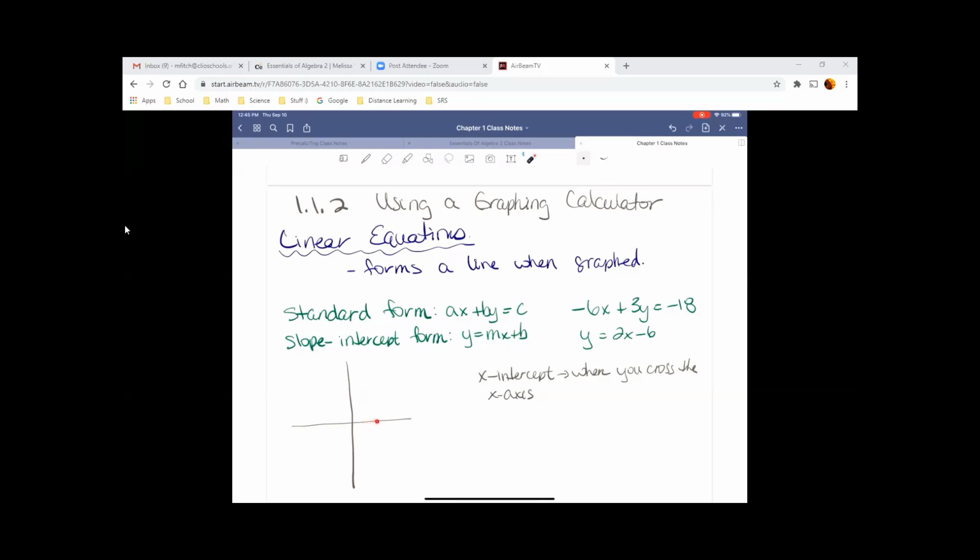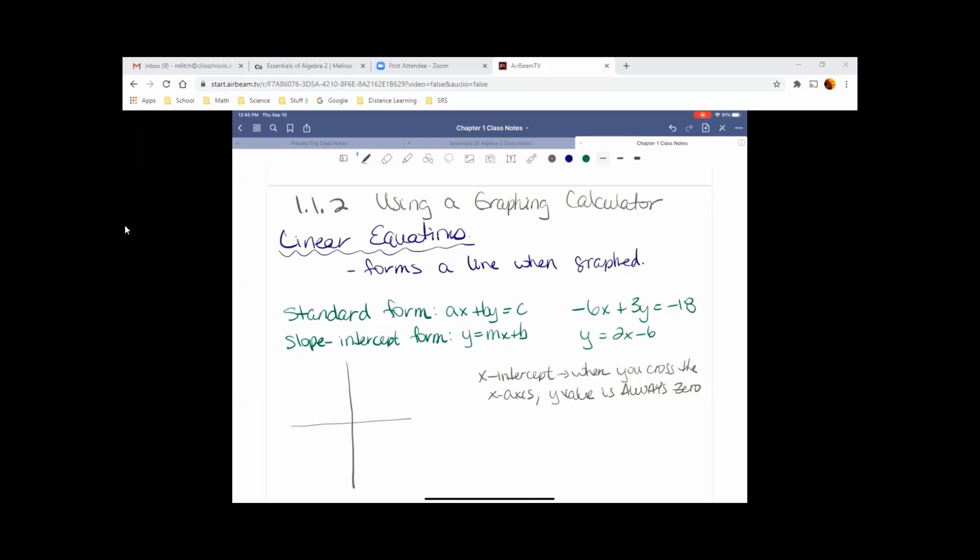If I moved over 5 places, it's still going to be 0. So no matter where I cross the x-axis, my y value is always 0, right? So when we're looking for that x-intercept, the y value is always 0.